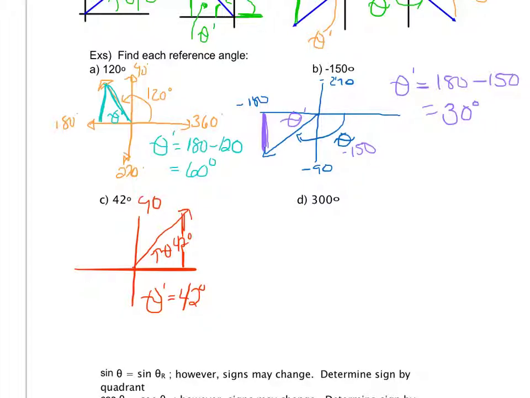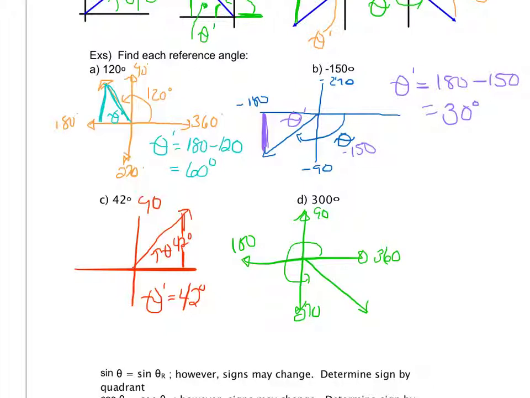So now let's look at example 3. On example 3, I'm going to start the same way. I'm going to start by making my given angle. So I know this is 90, this is 180, this is 270, this is 360. So I start here, I come all the way around to somewhere in here.